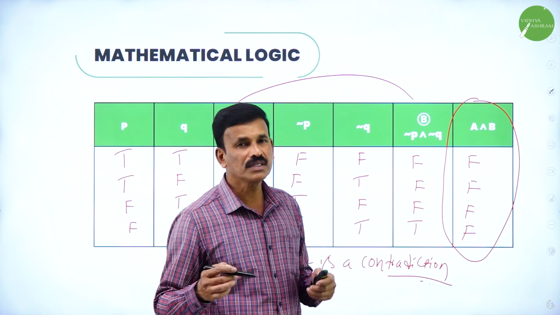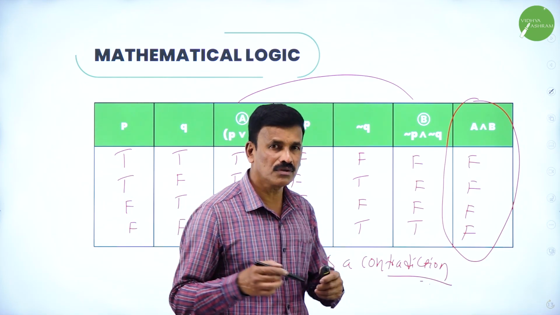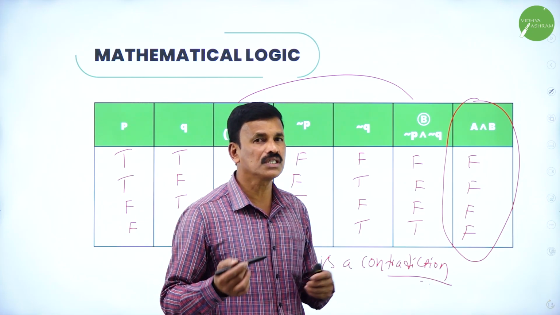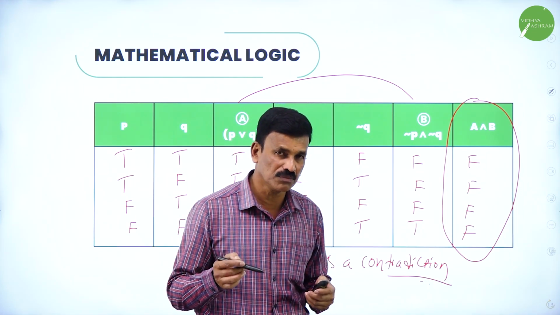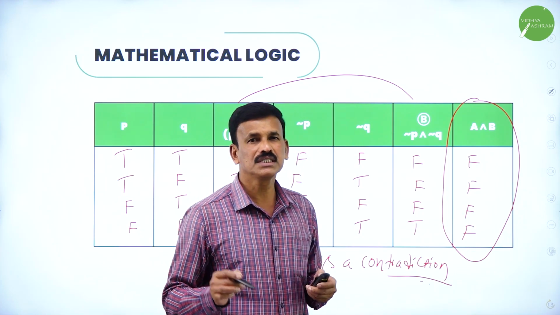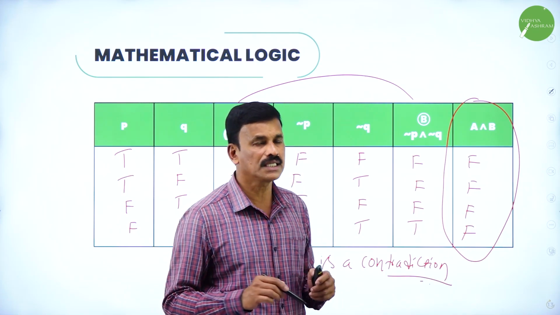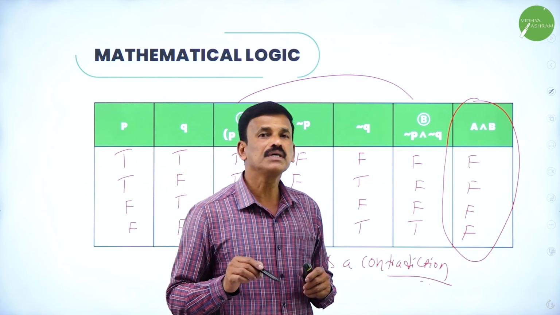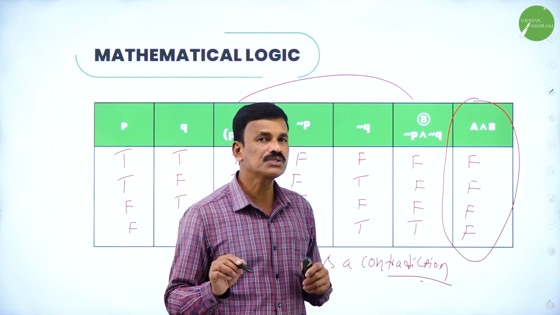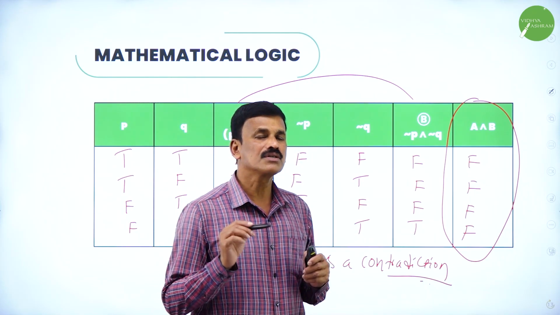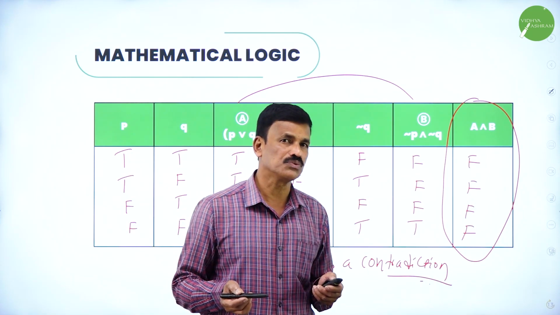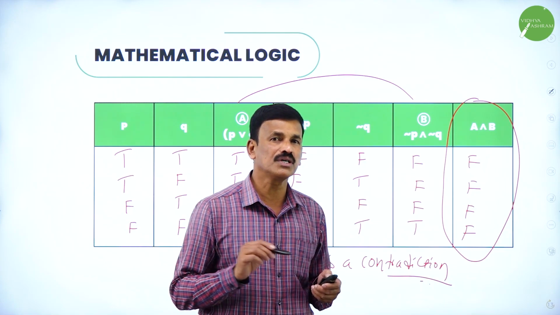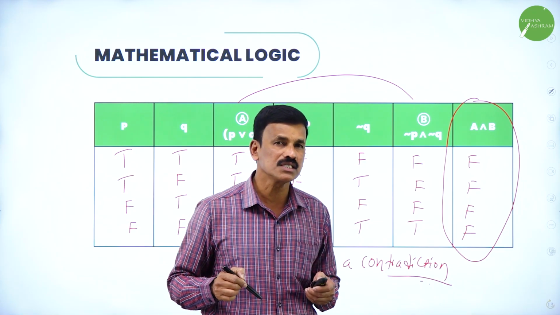To verify whether the given statement is a tautology, contradiction or logically equivalent, you must be familiar with the construction of the truth table for conjunction, disjunction, conditional, biconditional and negation. Let me repeat: for conjunction, true and true is true, in all other cases it is false. For a disjunction, false and false is false, in all other cases it is true. For a conditional statement, true and false is false, in all other cases it is true.